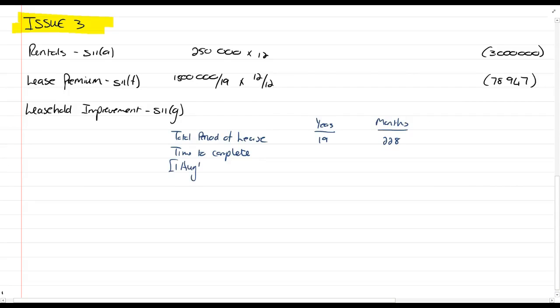So 1st of August 2018 until the end of April 2019, and that is 9 months, and 9 divided by 12 means it is 0.75 of a year. So that gives us time or period remaining.